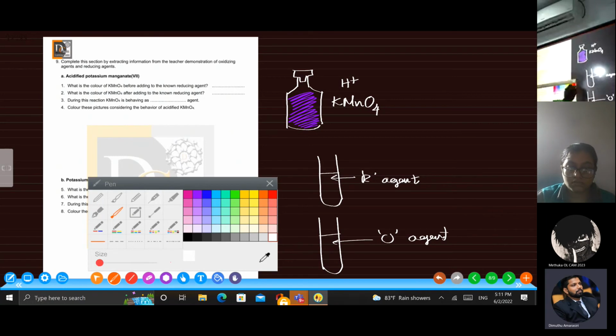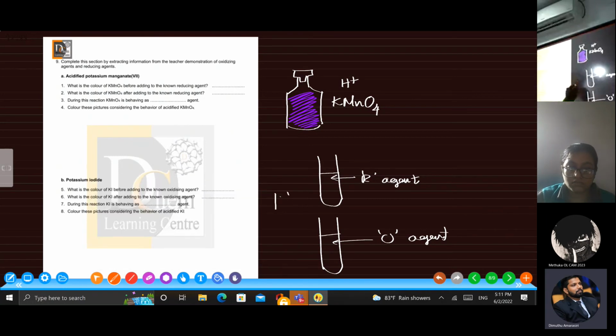We'll quickly check whether potassium iodide is colorless. What is the color?